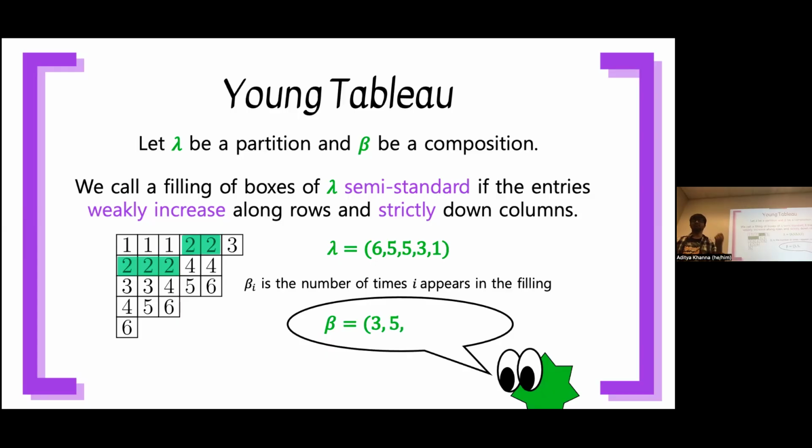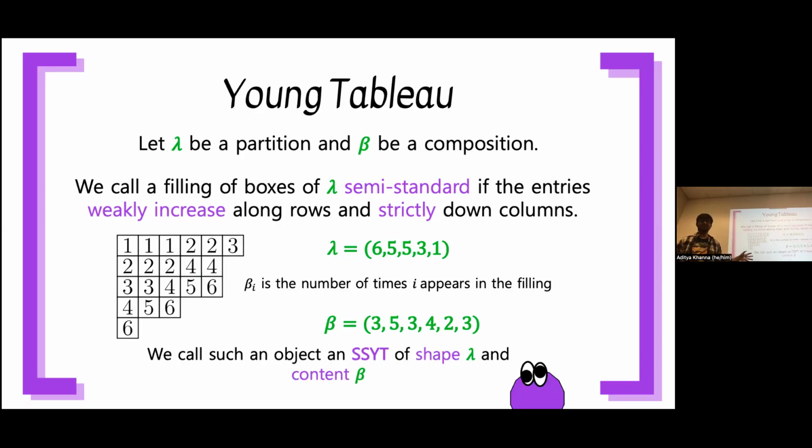There are 5 2s, so I put a 5. Then 3 3s, 4 4s, 2 5s, and 3 6s. That gives me a composition. So the ith entry of the composition tells me how many of those numbers I have. And this is called a content. So I'll call this a semi-standard Young tableau of shape lambda, what am I filling, and content beta, how am I filling it.